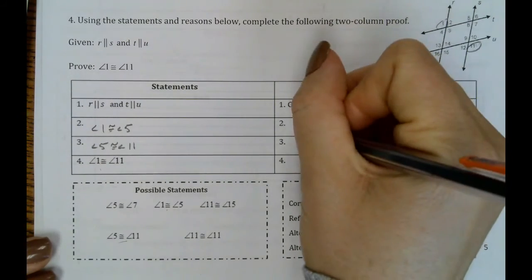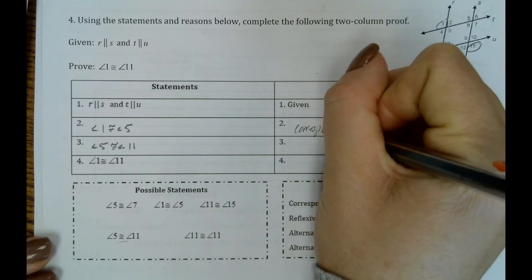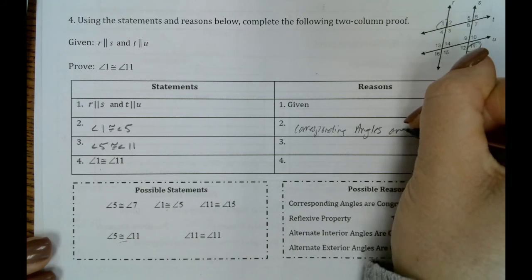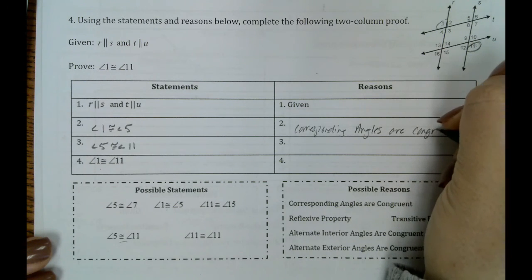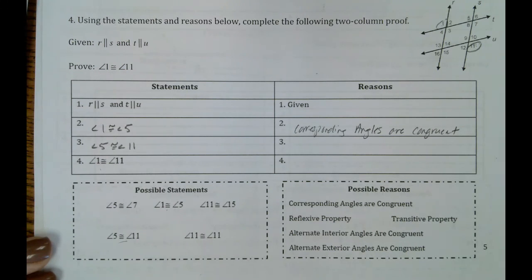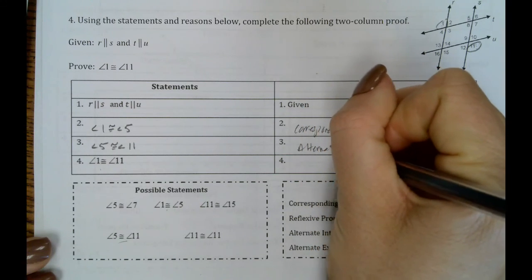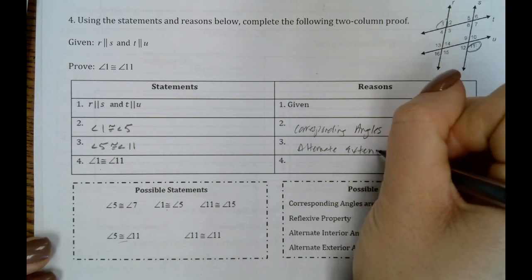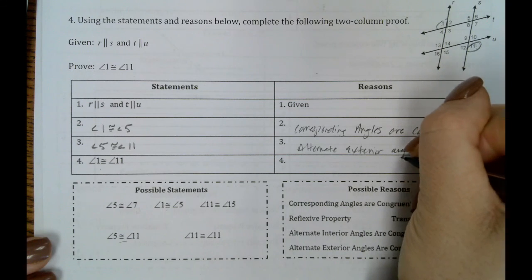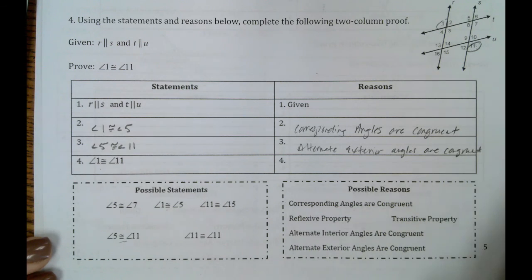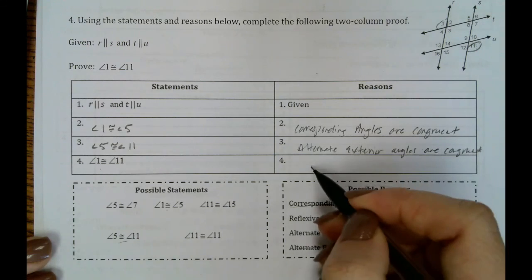So 1 and 5, those are corresponding. 5 and 11 are alternate exterior. So that would leave us with the transitive property.